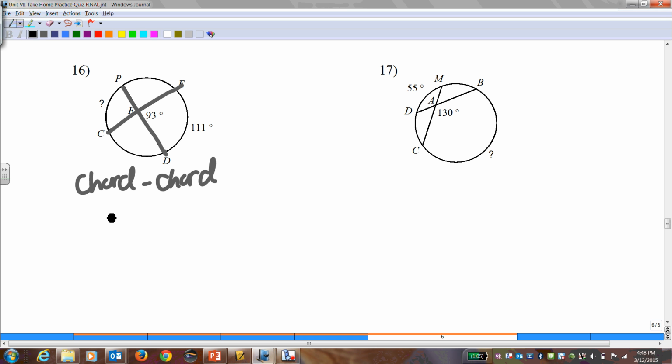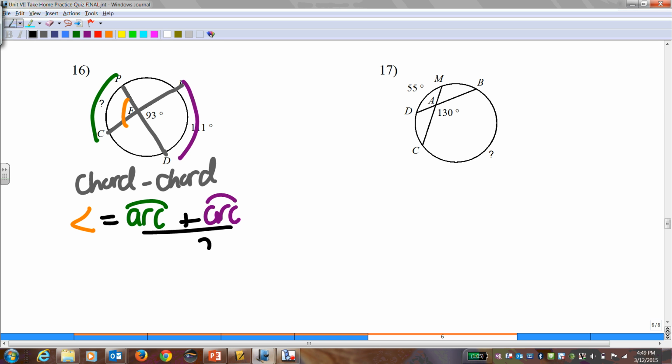So you write its angle equals arc plus arc over 2. I'm not going to do your math for there, but that's a chord. A chord, the way I remember the fact that it's plus is the vertex is in. When you bring someone into your circle of friends, you add.